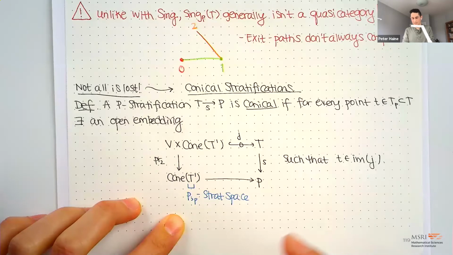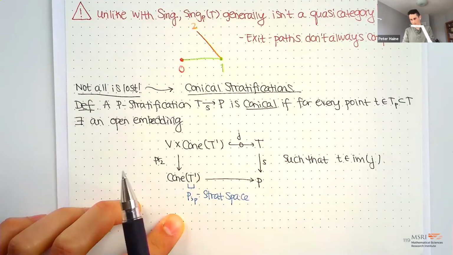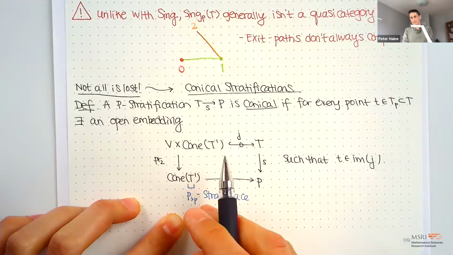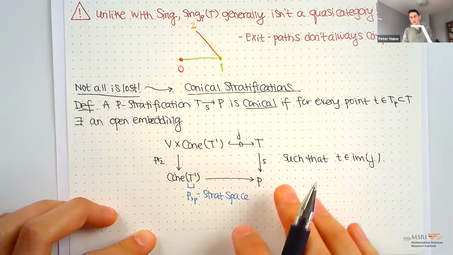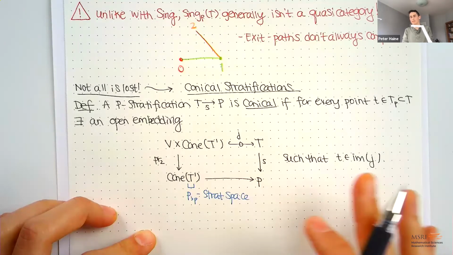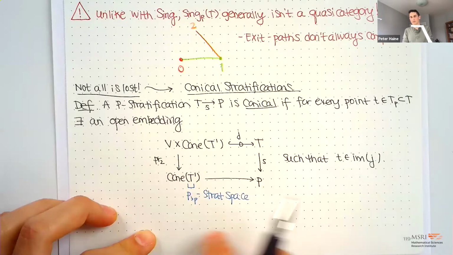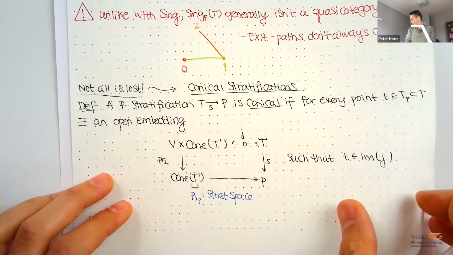Your neighborhoods always have to look like a copy of a Euclidean space crossed with a cone on some compact topologically stratified space over a smaller poset. A particular example is the theorem of Thom and Mather, which shows that all Whitney stratified spaces are topologically stratified. So in particular, they admit these conical neighborhoods around every point.